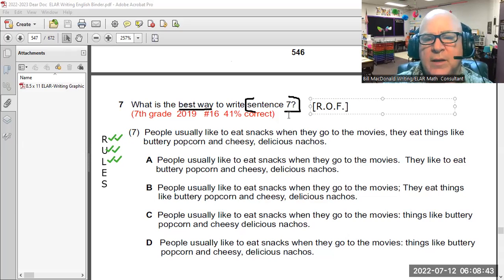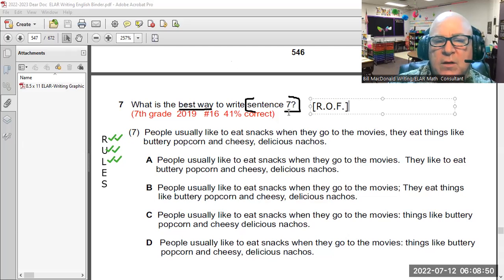So what will really help is if you make sure you verbalize the punctuation, because anytime there's a punctuation issue or a sentence boundary problem, it usually can be fixed easier if the students are either saying the punctuation mark or they're doing something kinesthetic like we do with the FAT guide.